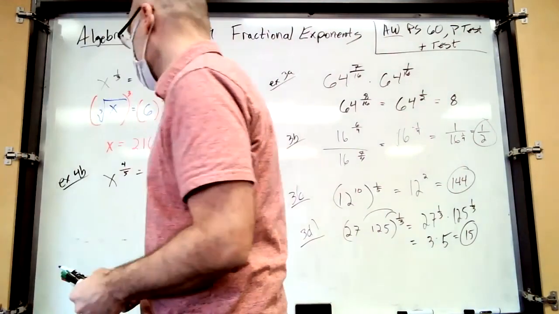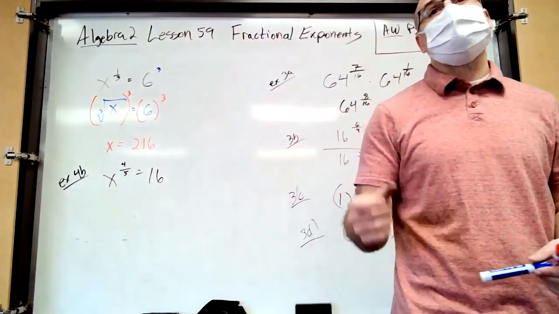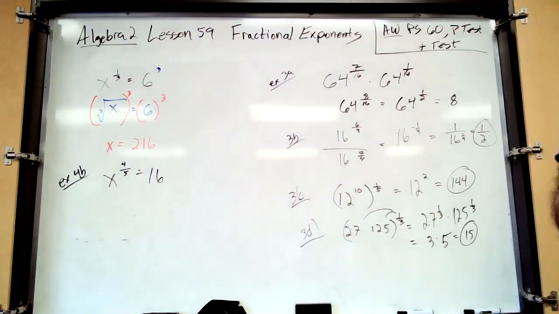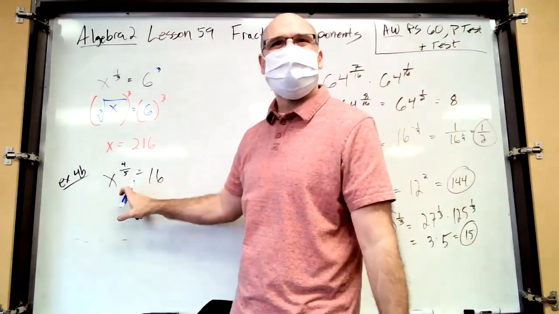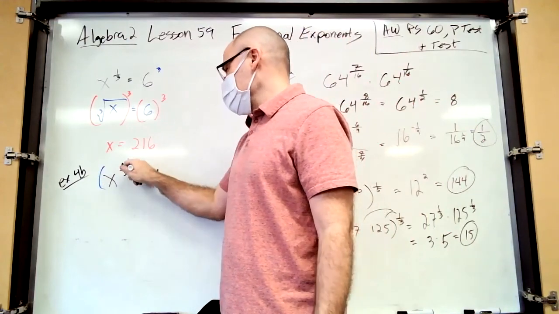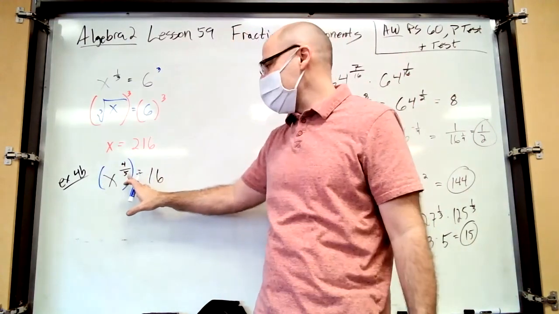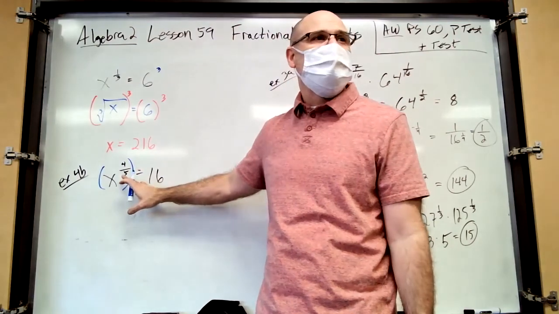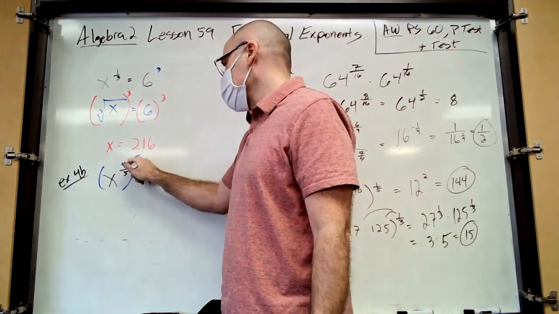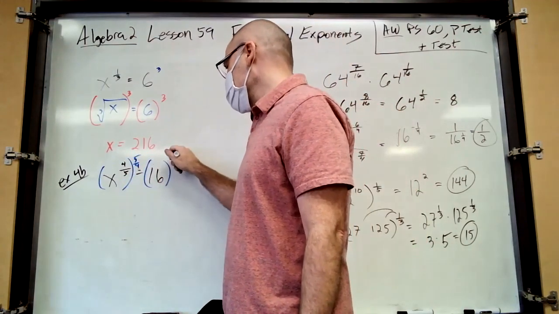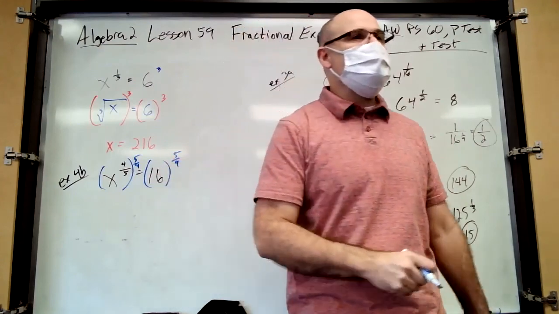No, we're not wanting to find the 5th root. We're wanting to find the 4th root, right? Because look, how do you make this a 1? What exponent do you have to apply to that to turn it into a 1? 5/4. Oh, because you multiply. So you do that to both sides. You raise both sides to the 5/4.